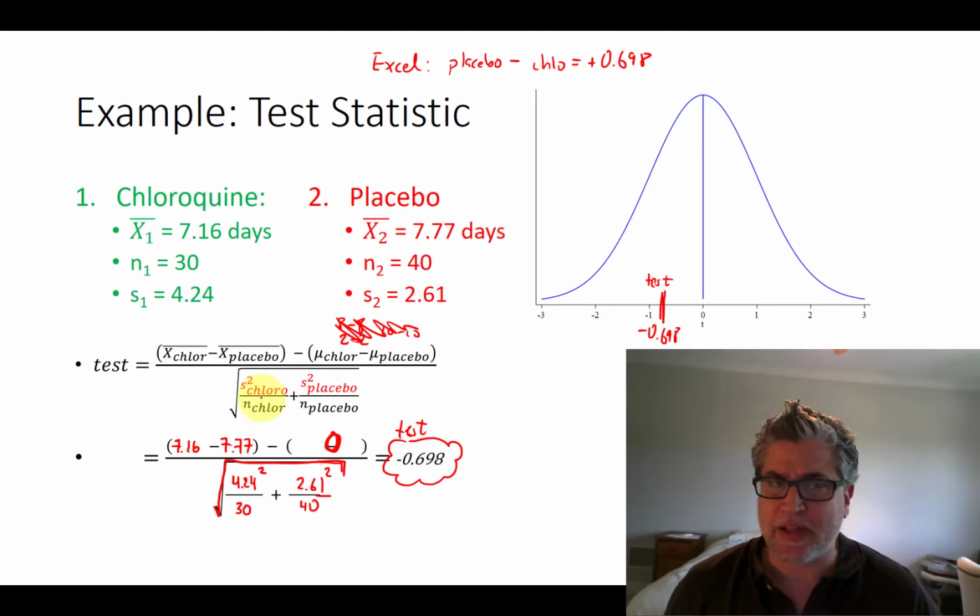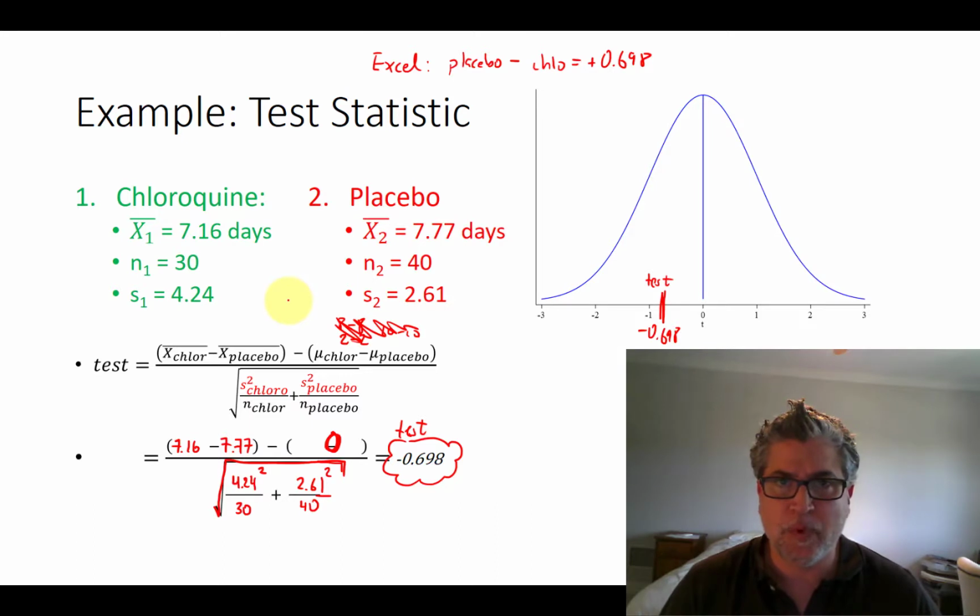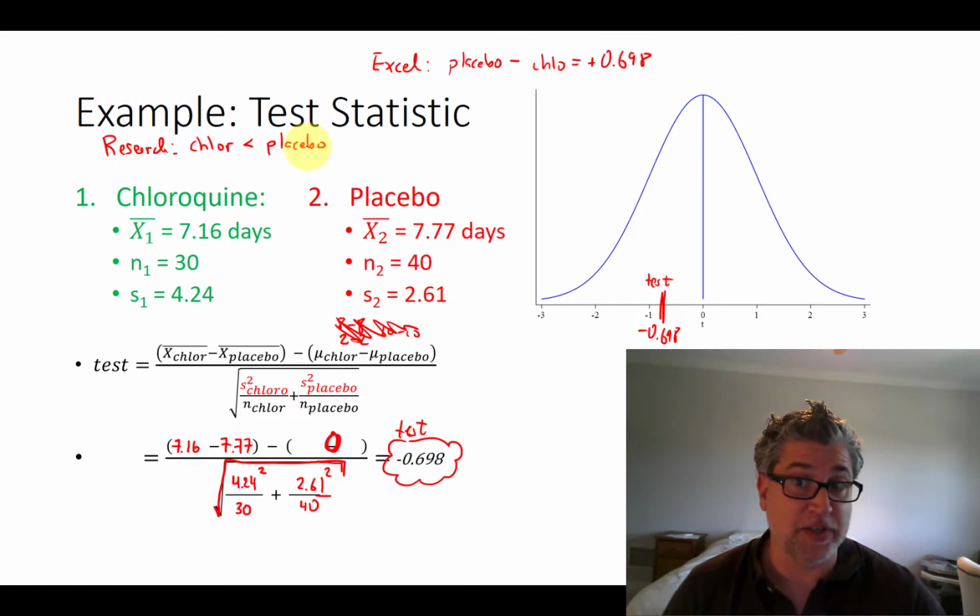What about the critical values? That's another thing. Now, if we hadn't used Excel, what would our critical values look like, our rejection and acceptance regions? Well, our research hypothesis was that the average from the chloroquine was less than the average number of days until you get better from the placebo.